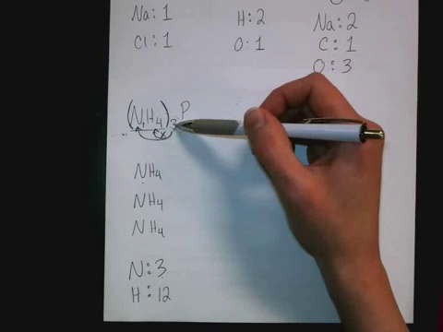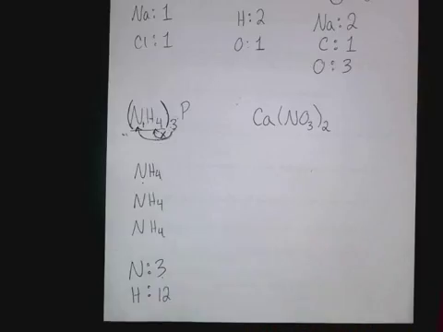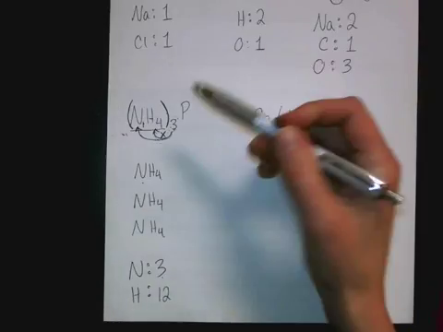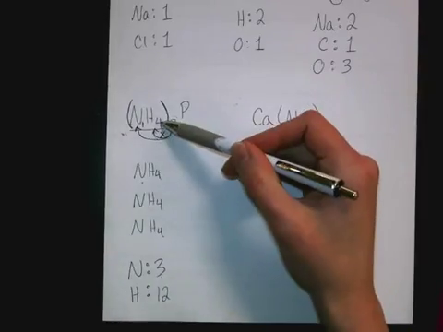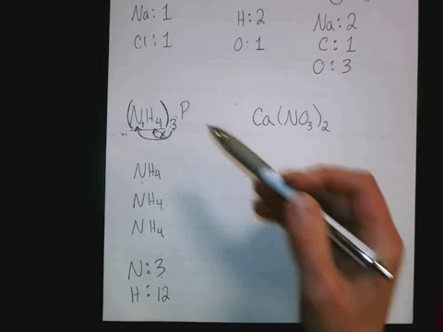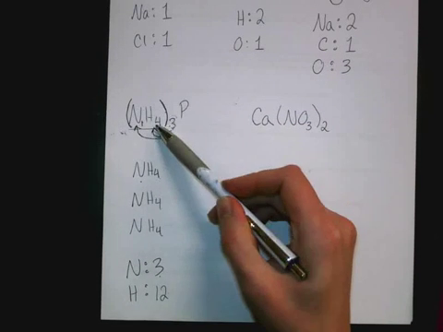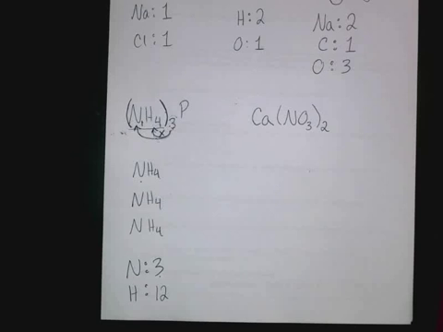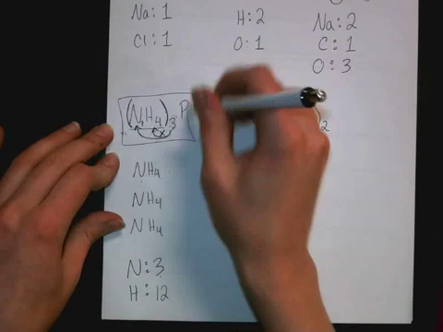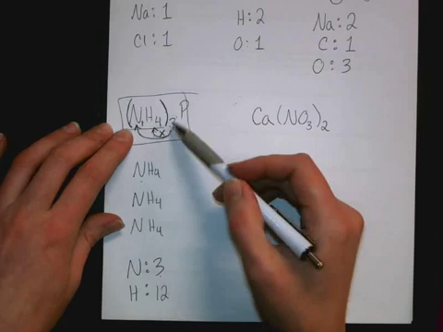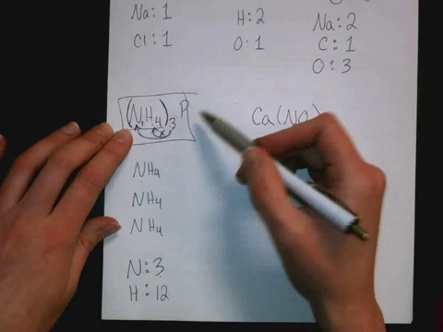So 4 times 3 gives me 12. I do not add this number to the ones on the inside. I multiply the outside number to the ones on the inside, similar to distributive properties when you do math. So in this case here, I have 3 nitrogens, 12 hydrogens.